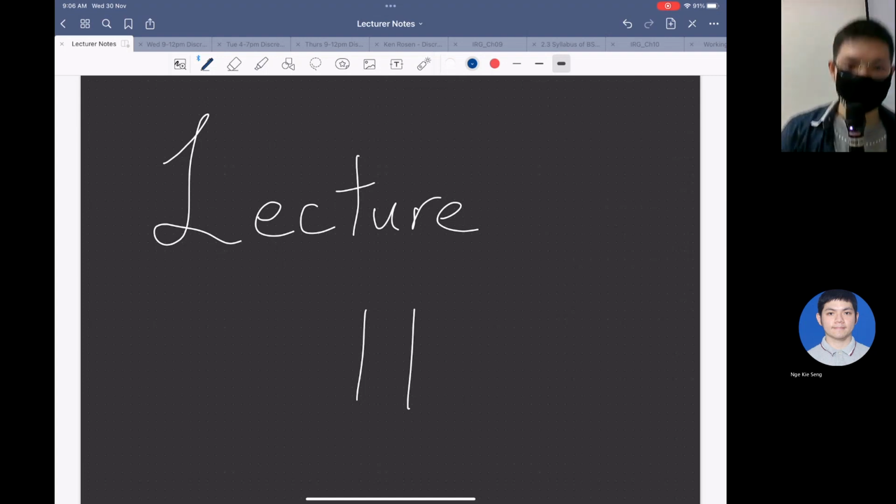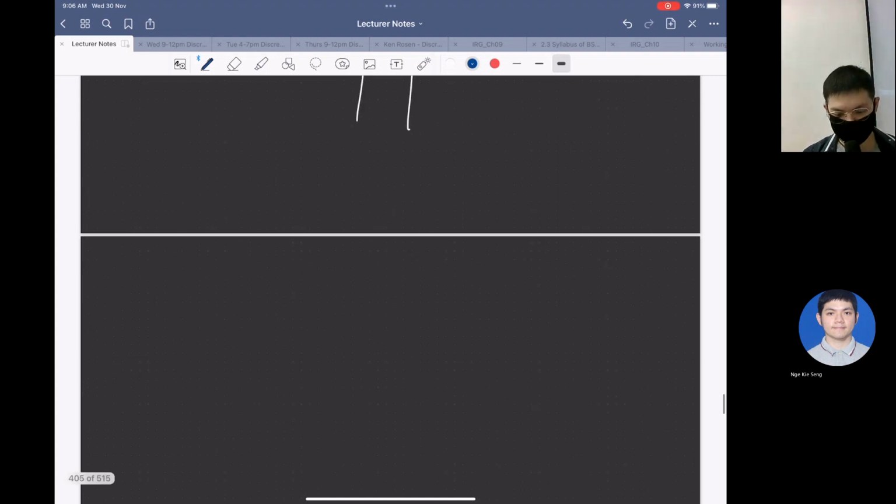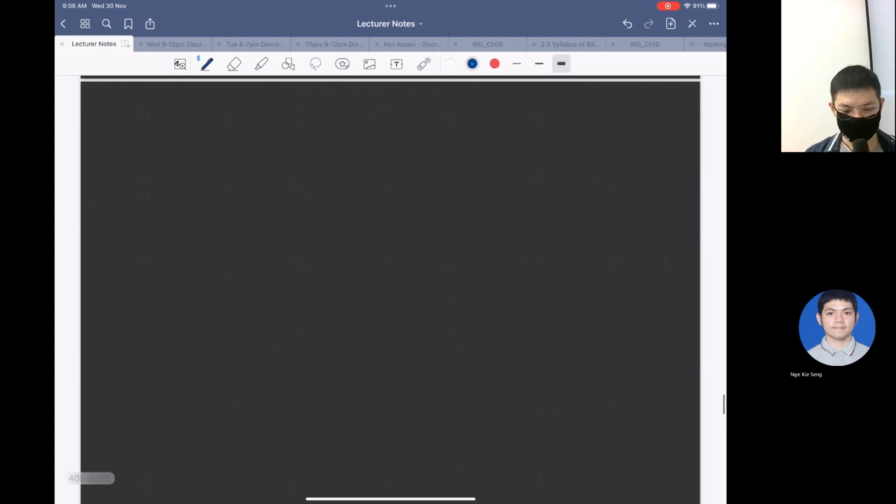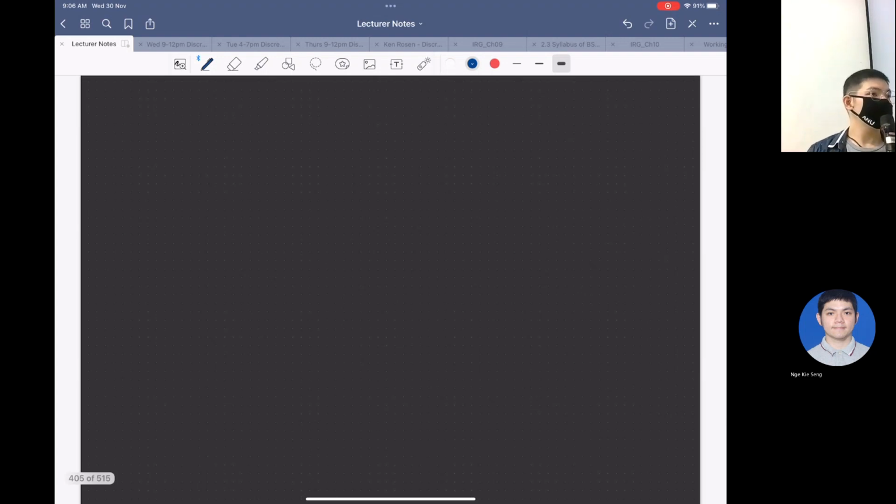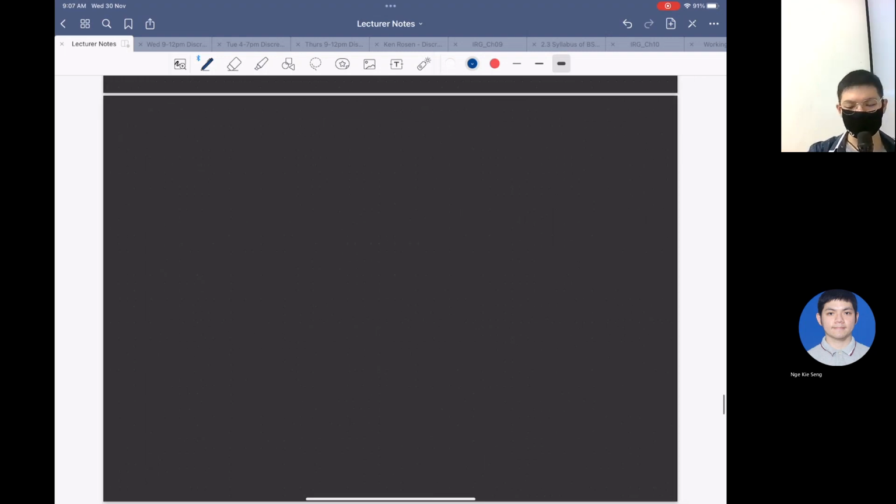Okay. Today we'll start the lecture. Last week we talked about locality on the graph. So we looked at the neighborhood of a vertex.